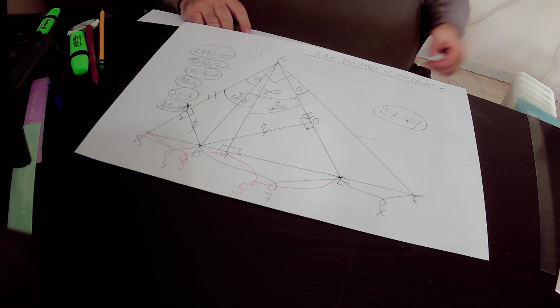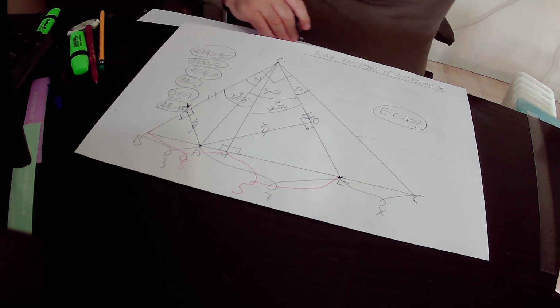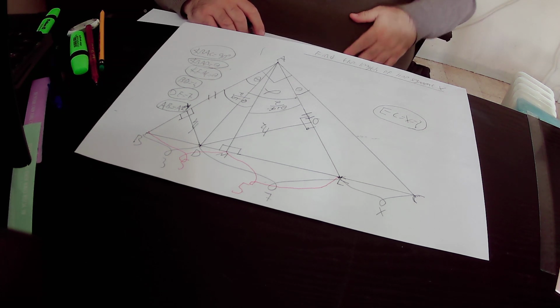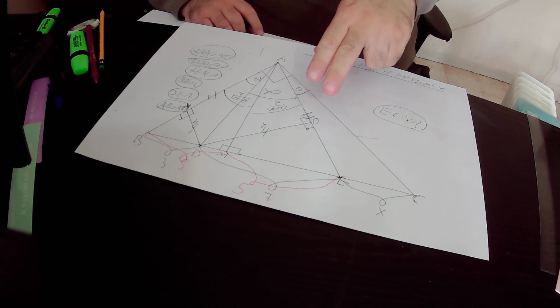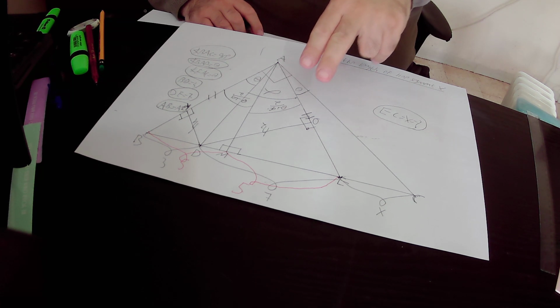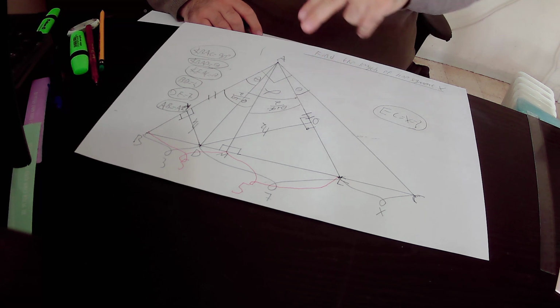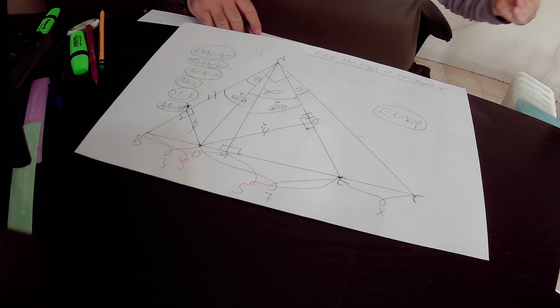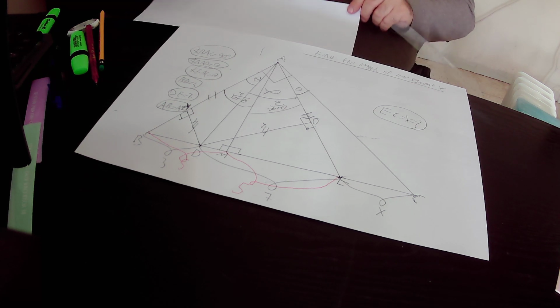Okay, so in the next step we'll focus on the right triangle, triangle AME. I will copy the right triangle AME in a new page, and we'll analyze this triangle.